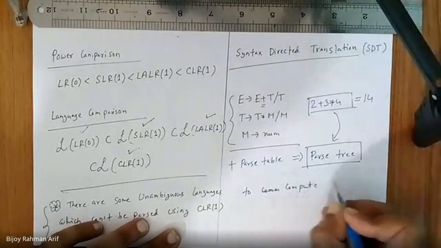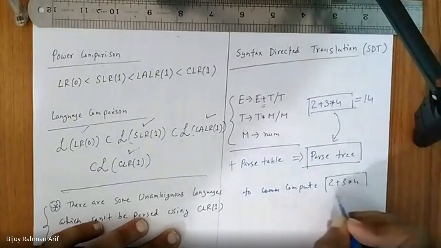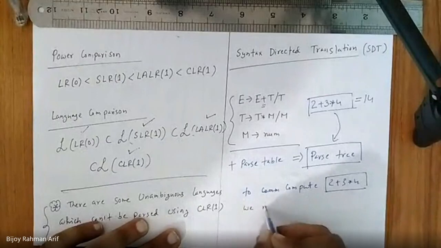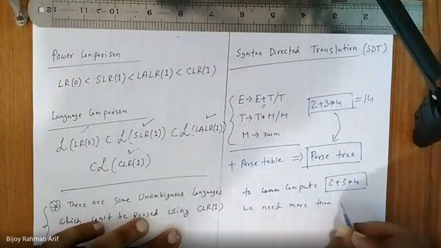So to compute 2 plus 3 star 4, we need more than a parse tree.